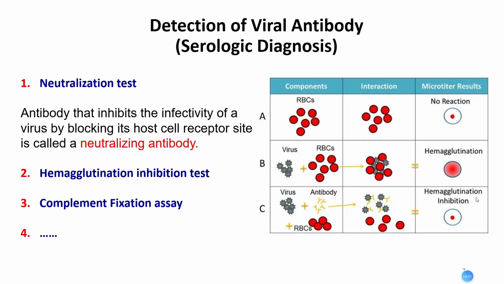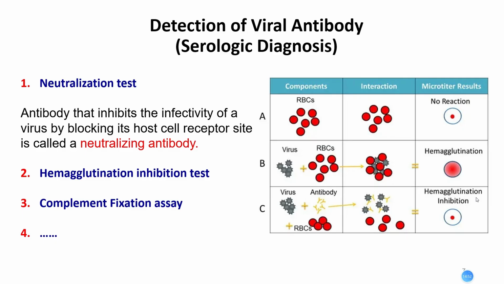Okay. And you can also get the patient's blood and serum and detect the presence of certain antibody in the patient's serum. With the antibody, we can do a neutralization test.